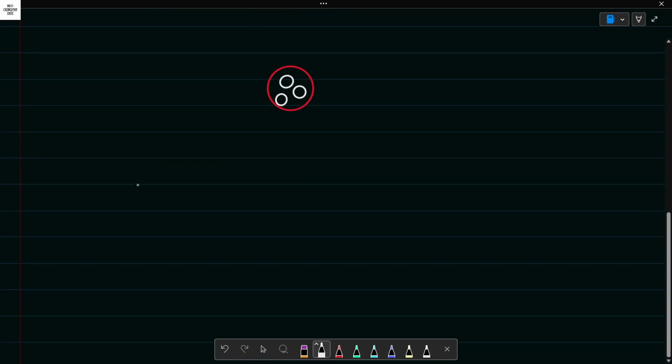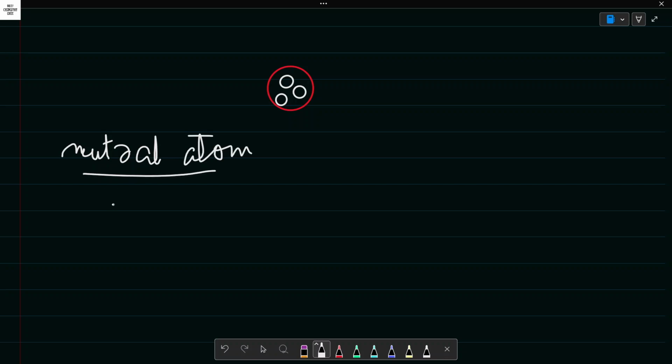But apart from this, we can also say that for a neutral atom, the atomic number is also equal to the number of electrons. Why? Because the number of electrons in a neutral atom is equal to the number of protons. All right.